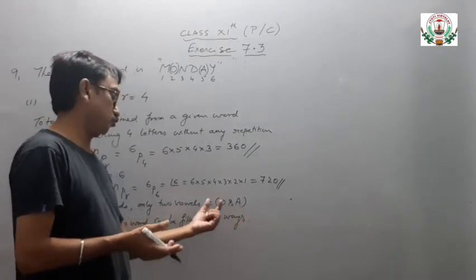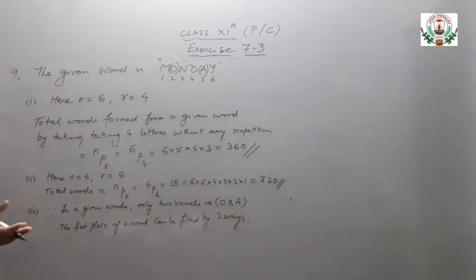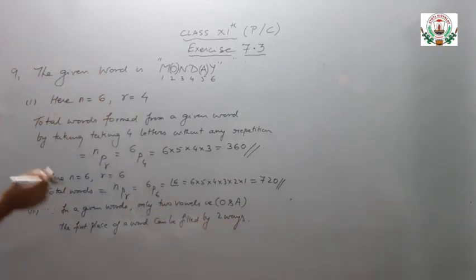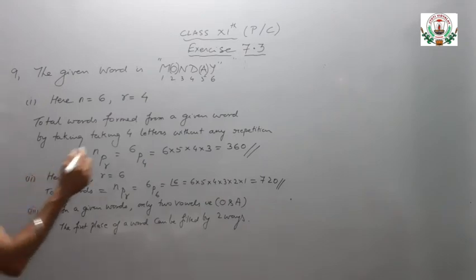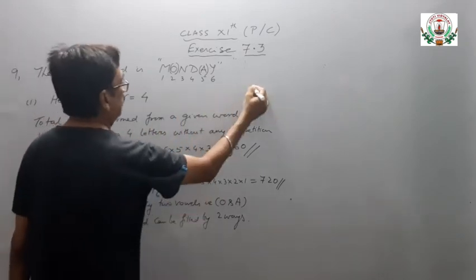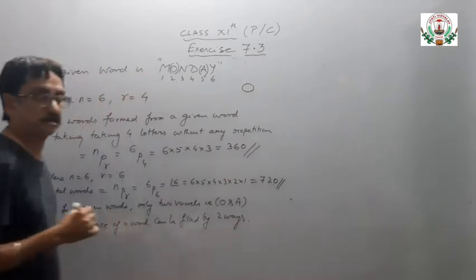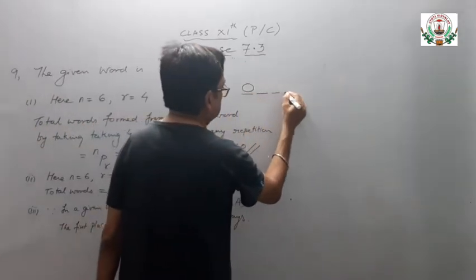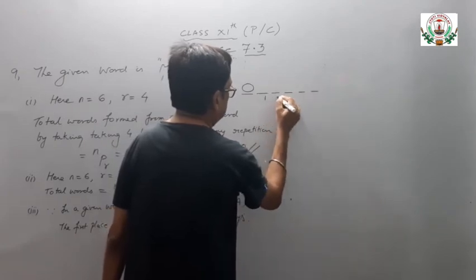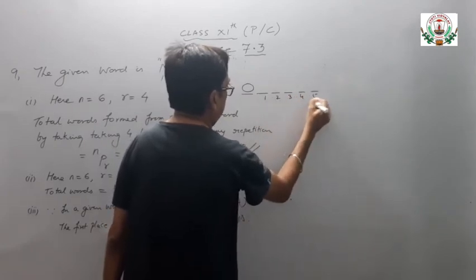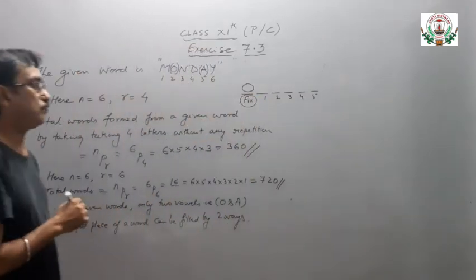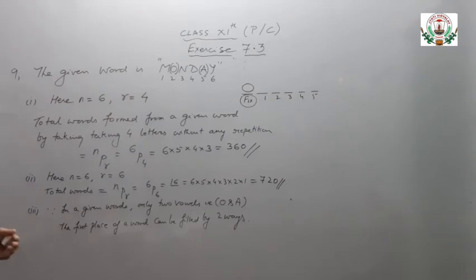So how many ways when the word will start with a vowel only? There are 2 vowels, so there will be 2 ways. When one letter is placed, suppose I have taken the first letter O, now I am left with 5 more places: 1, 2, 3, 4, 5. The first place is fixed for the vowel, either I should take O or A.